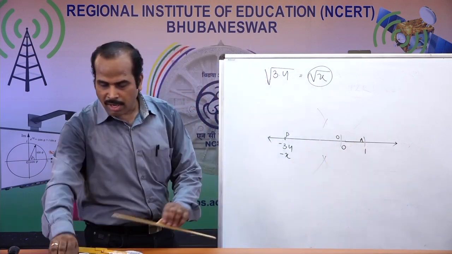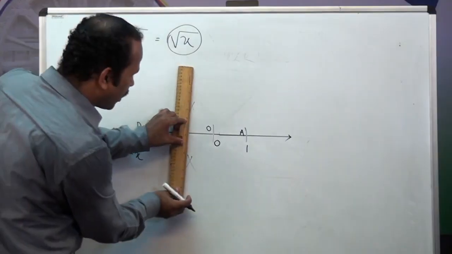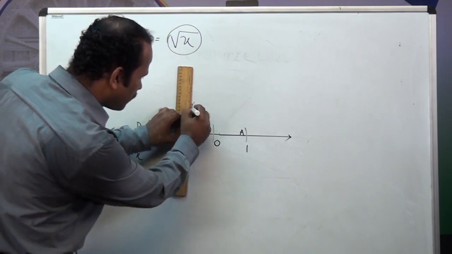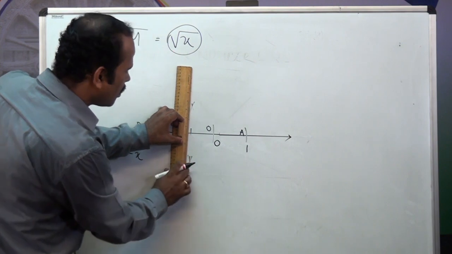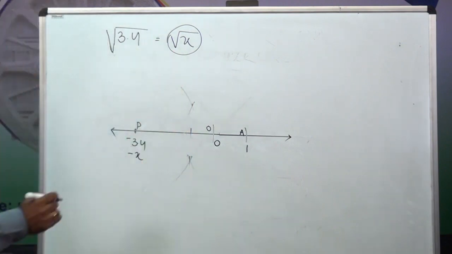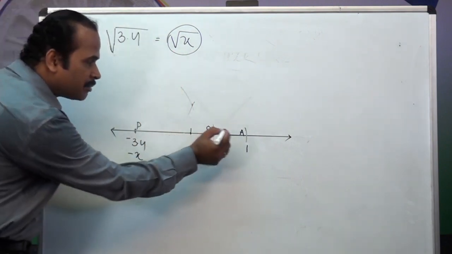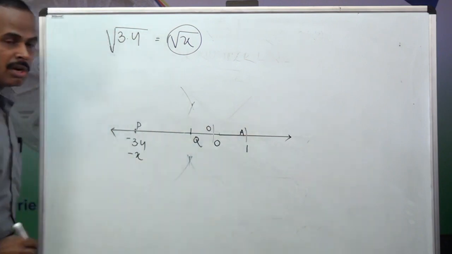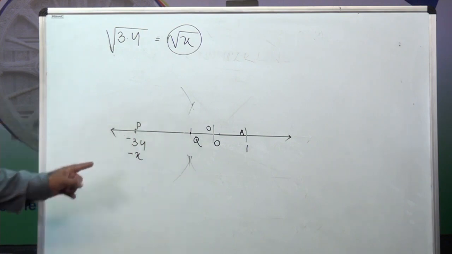After cutting this, I will find the midpoint. I have drawn this perpendicular bisector only to find the midpoint. Now this is the midpoint of A to P. Let me take this point as Q.